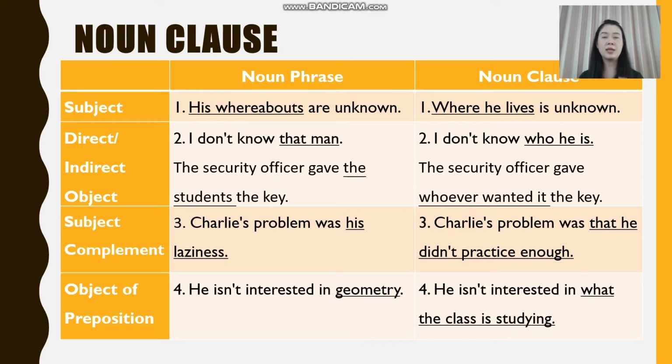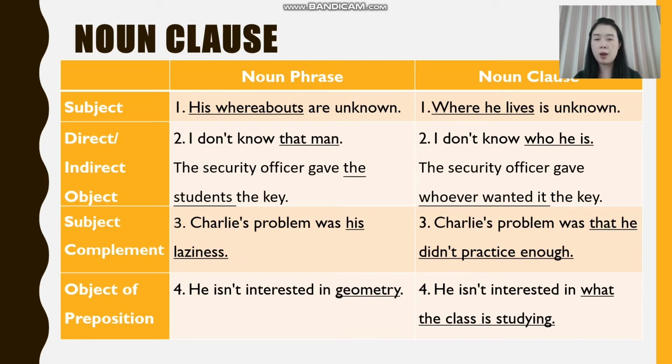We are using the word where to introduce the clause, and it's used as the subject of this sentence. How do you know that this is the subject? You can see from the position, because it appears before the verb, since we have the word is as the main verb of this sentence. So that is the first function of the noun clause: it can be the subject of the sentence.